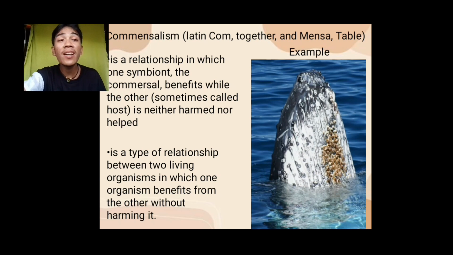The barnacles get a shelter by attaching on the whale's body without generally harming or benefiting the whale. So, ito yung maganda kasi nakikinabang ka, at the same time, hindi mo nasasaktan yung nakakatulong sa'yo. Okay, that is what we call the commensalism.